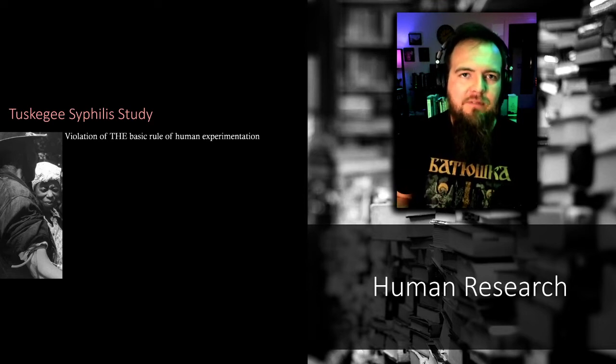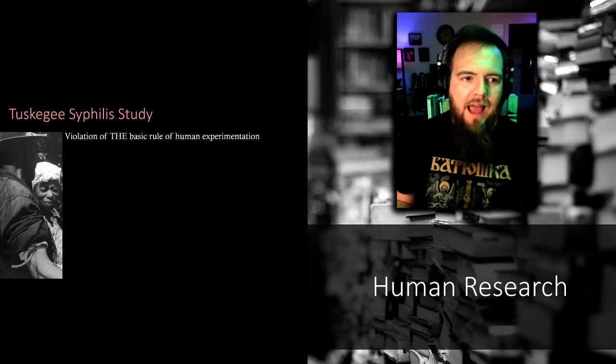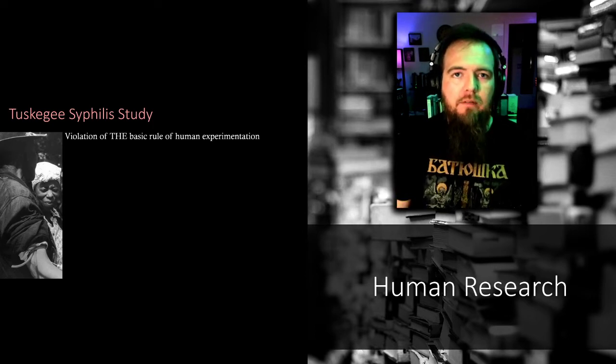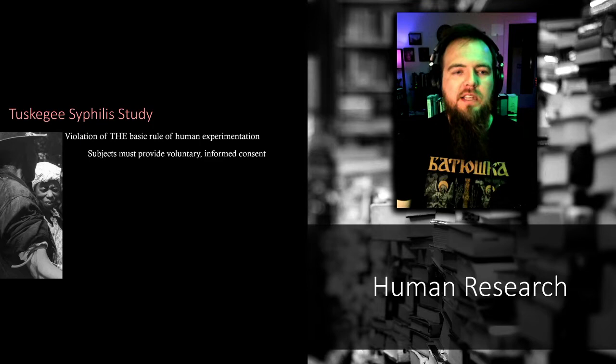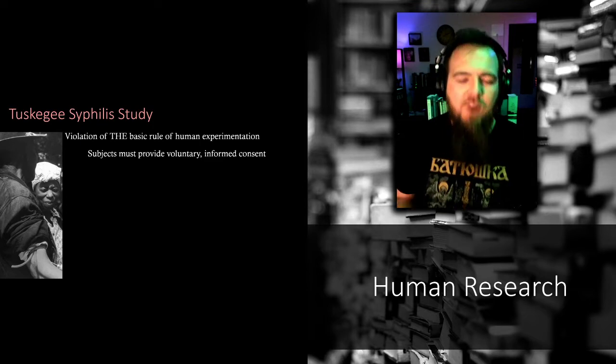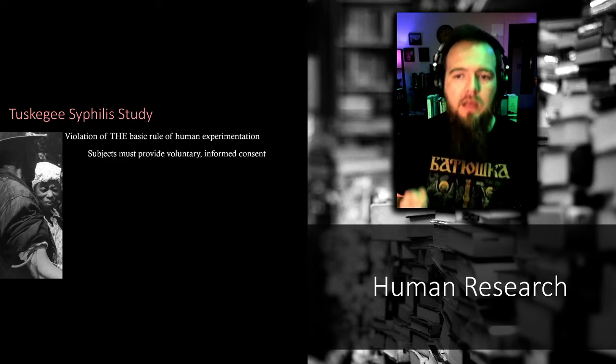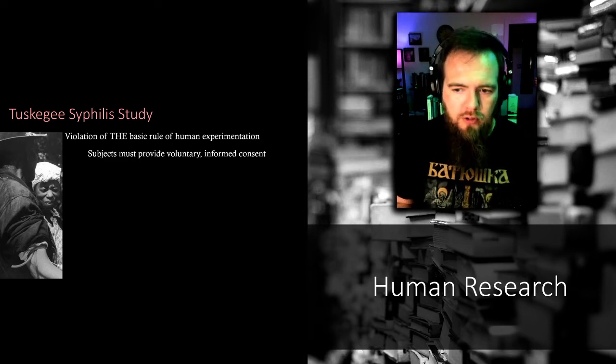The Tuskegee syphilis study, in addition to just being racist, also violated the basic rule of human experimentation, which is that subjects must provide voluntary informed consent. Voluntary informed consent. That is super crucial.